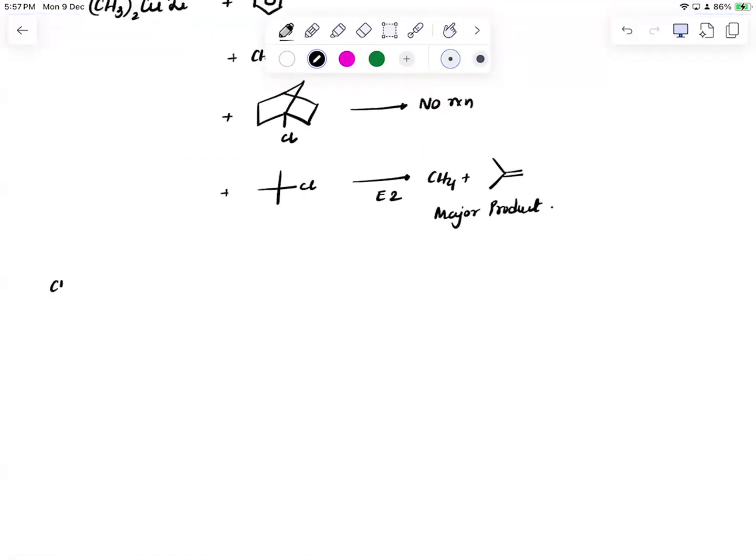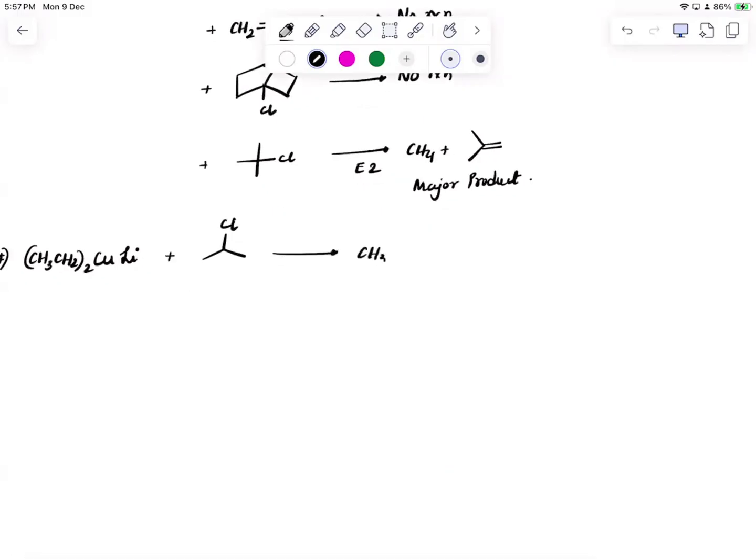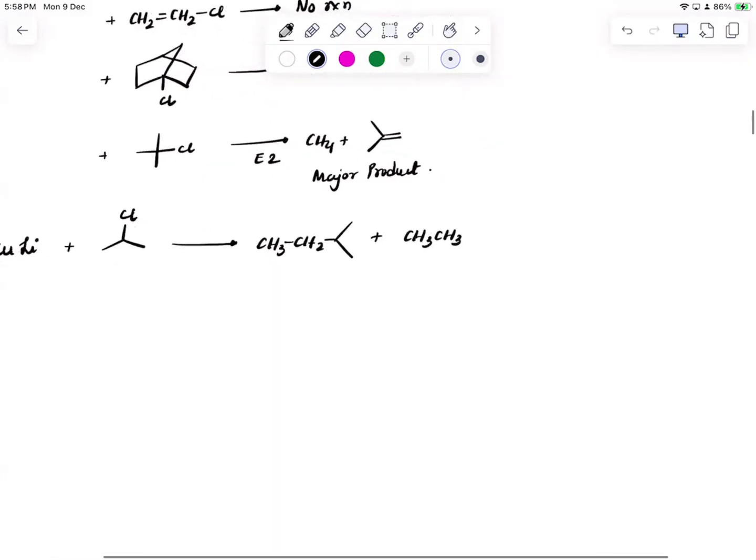But suppose if you have another case, another example where I have CH3, CH2 twice, CuLi, and then I'm treating that with alkyl chloride like this, 2 degree. Then chances are I will get CH3, CH2, and this coupled product plus elimination products also can be formed. So CH3, CH2, CH3 can form as a side product, and these two.